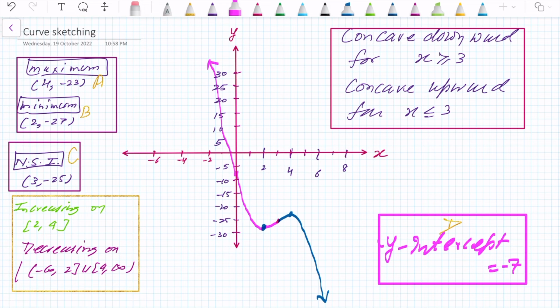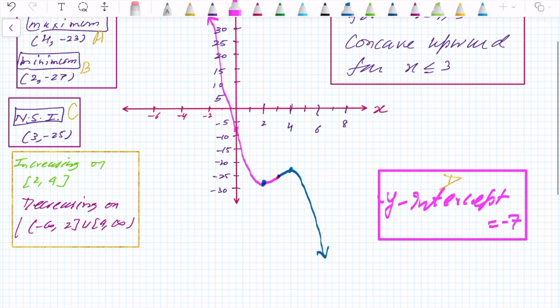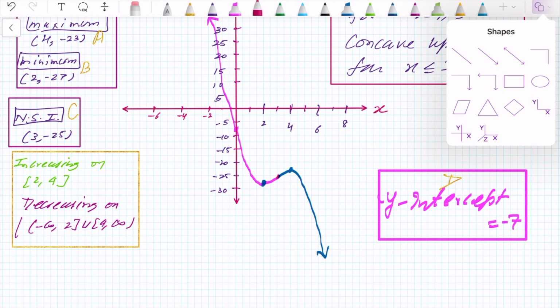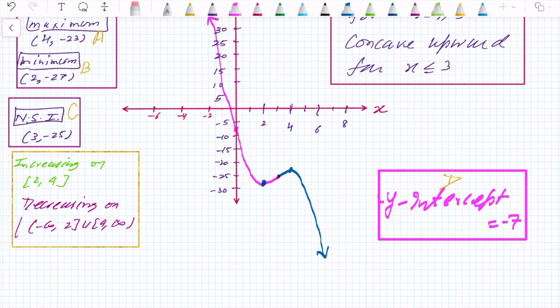The curve will be somewhat like this. Now we can see the curve is increasing on interval 2 to 4, increasing curve. As x increases, y also increases on this interval.